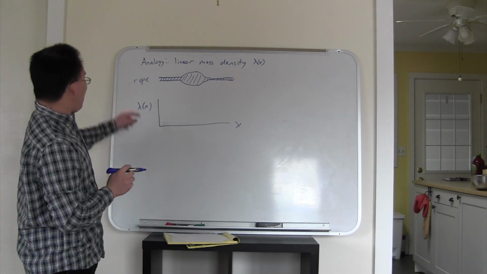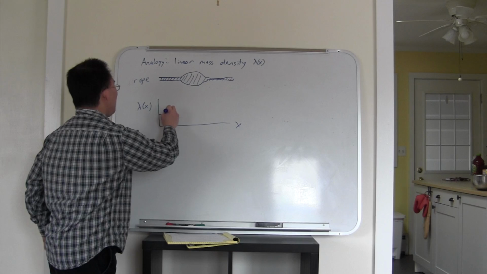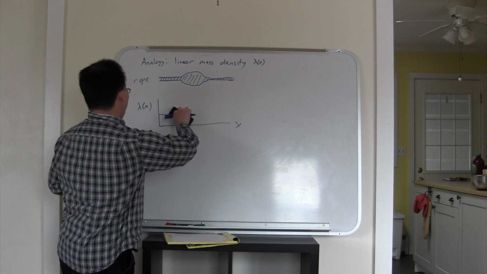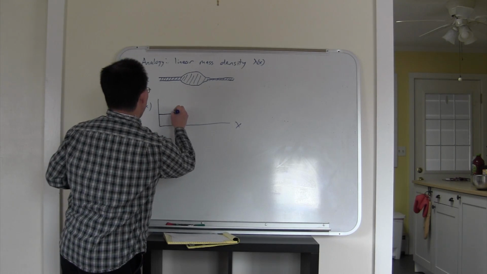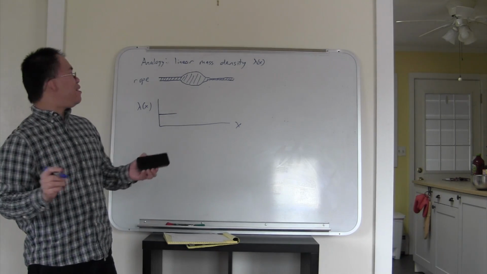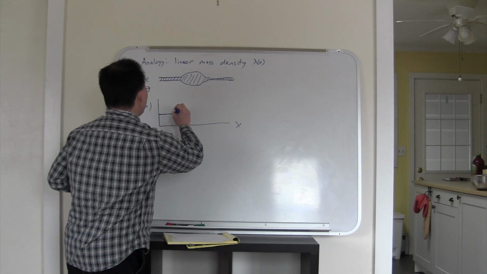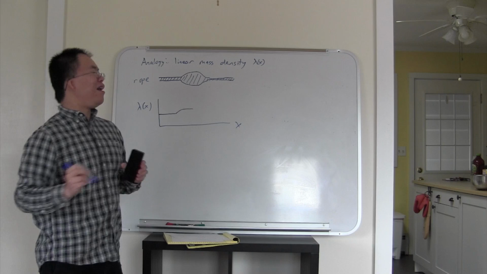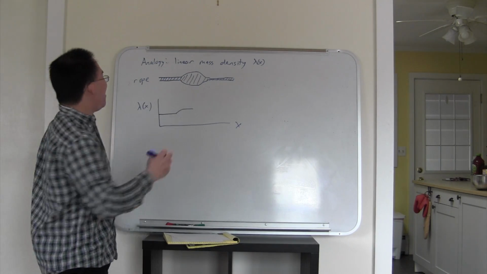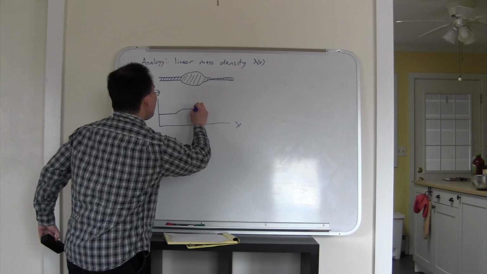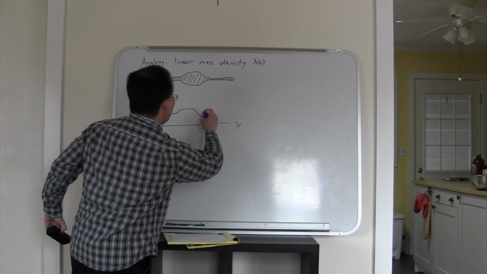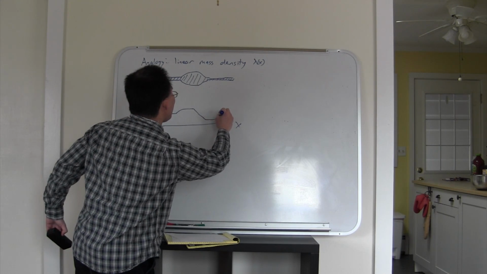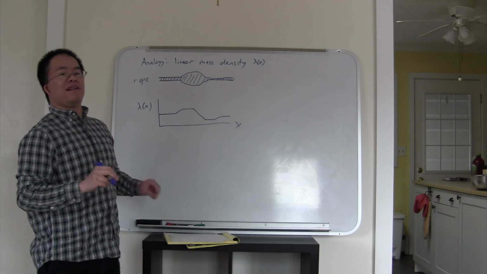It starts off sort of constant here, but then it increases, and stays flat for a while in this middle section, and then it drops again. In this narrow bit it has a small density, and then it goes back up. I'm drawing a little crooked, forgive me.